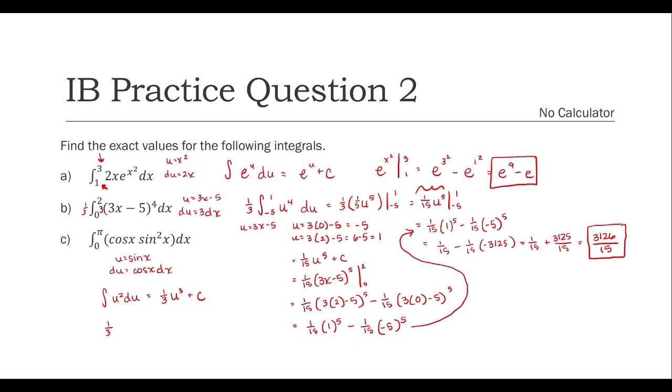So we have 1/3 sine cubed of x evaluated from 0 to pi. So this would be 1/3 sine cubed of pi minus 1/3 sine cubed of 0. The sine of pi is 0, and the sine of 0 is also 0, so it's 0 minus 0, so it just equals 0. So that's how you find the answers to these questions.